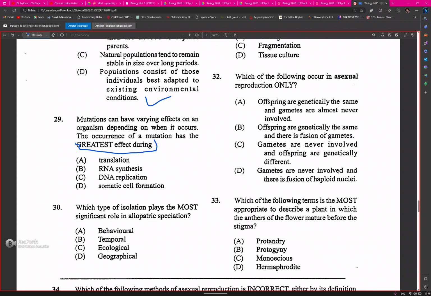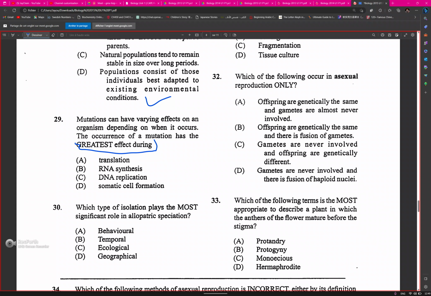So what I would believe would be stated here is that the greatest effect of the mutation will be the outcome of the protein that will be created after translation. So for example, sickle cell, its variation can be present within DNA replication and RNA synthesis, let's say transcription. It can be present.